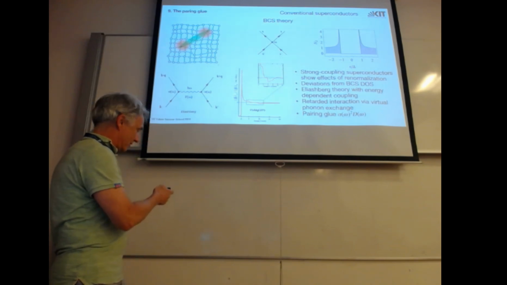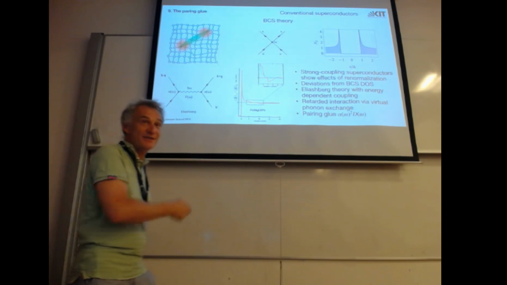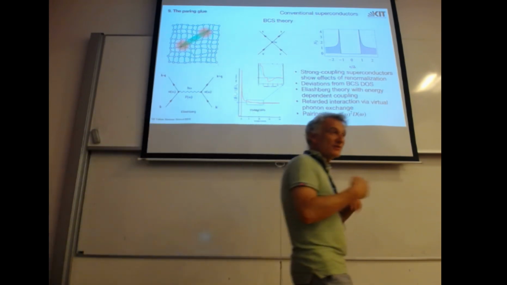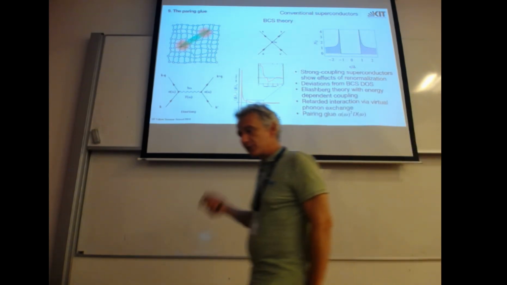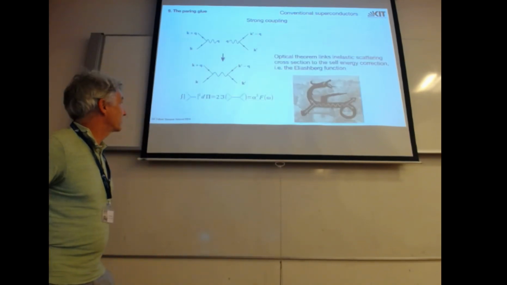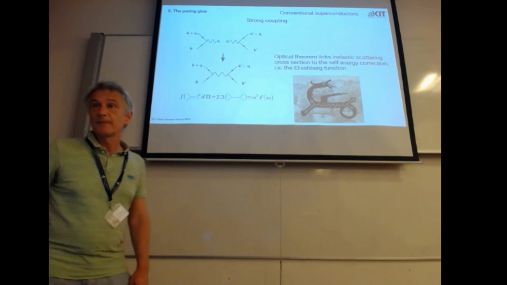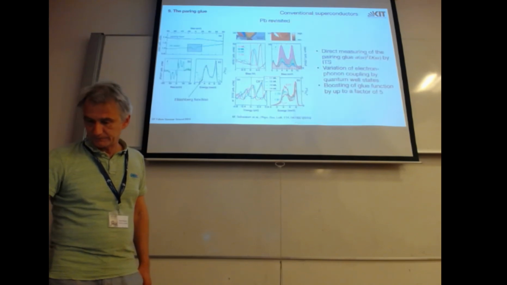So you take this curve here, the superconducting state, and the small deviations from the BCS density of states were self-consistently calculated with a spectral function and the matrix element, varying them until you get agreement. A very complex and not unique inversion. And my statement is this can be done directly in the normal state by measuring the second derivative of the tunnel current.